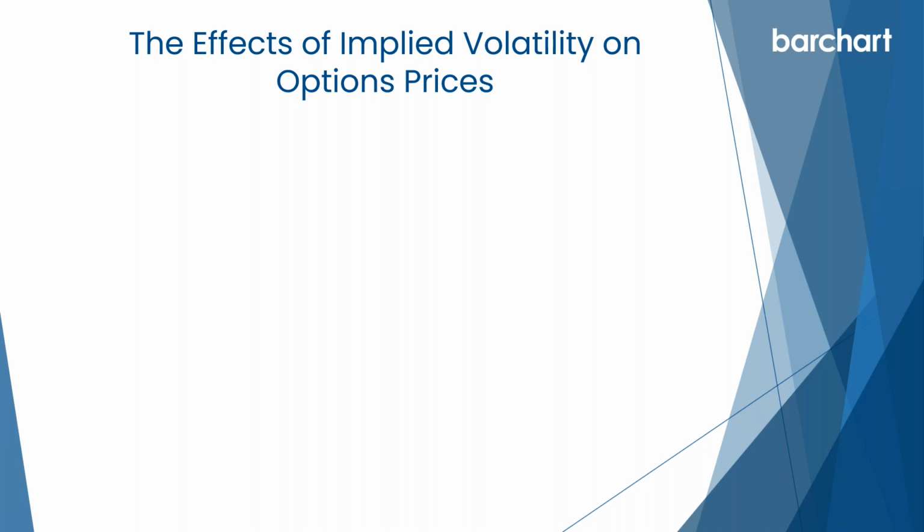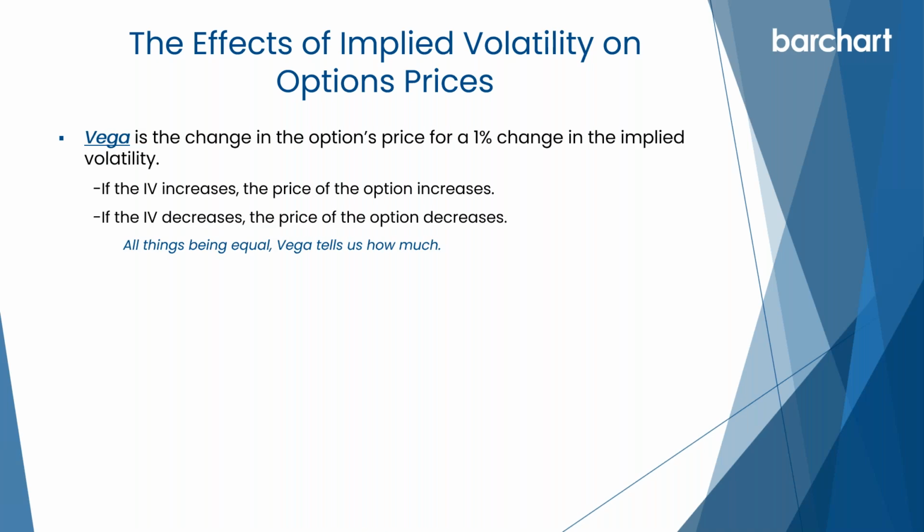So implied volatility changes affect our more complex strategies. Okay. So vega is what is called a Greek, and vega is the change in the option's price for every 1% change in the implied volatility.